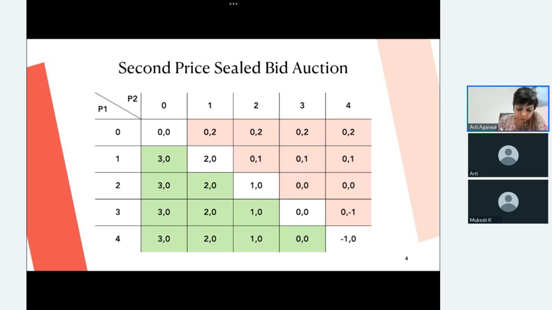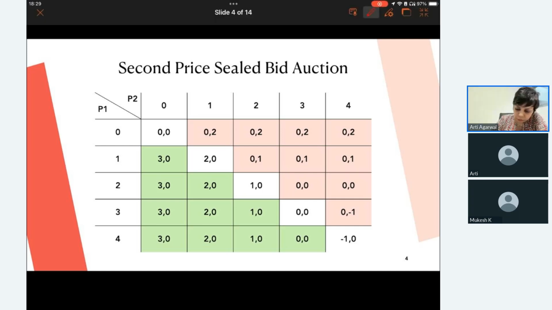If player two is playing 0, then what is the best response here? All these responses, because they're all giving the same payoff. Anything more than 0 is good. Player 2 is playing 1, then all these are best responses. Player 2 is playing 2, and for player 1, all these are best responses.